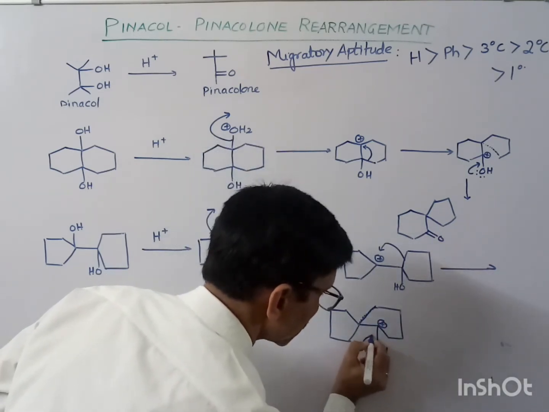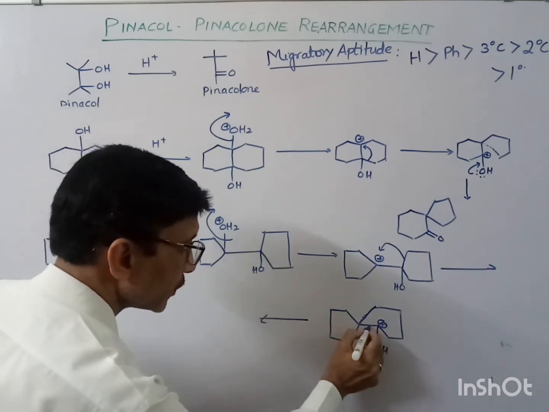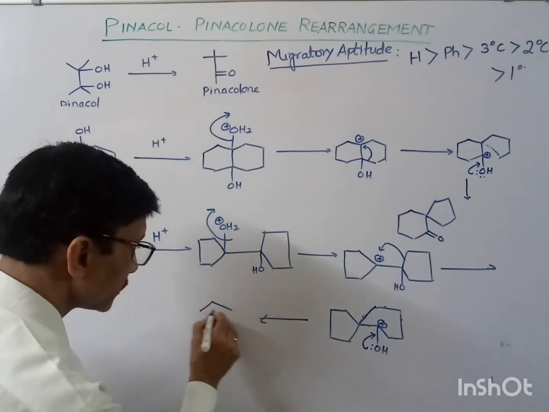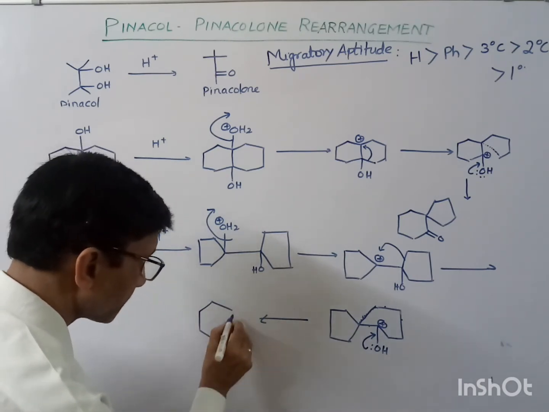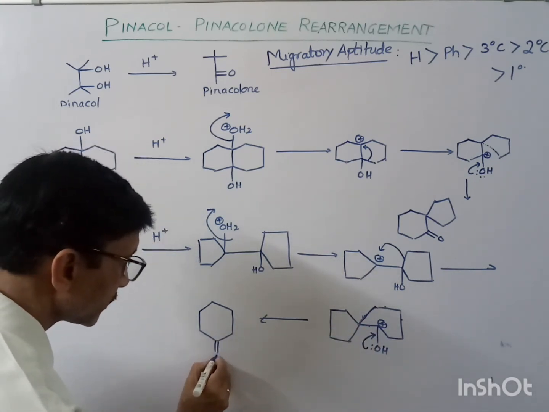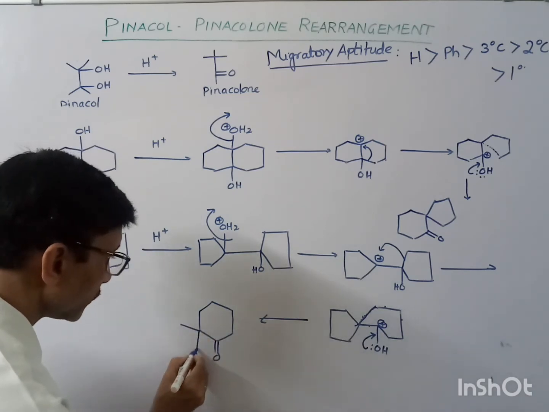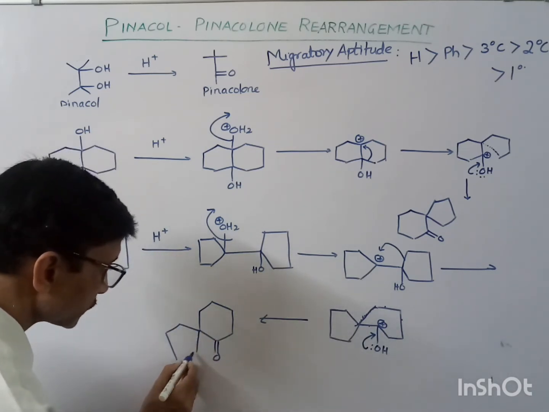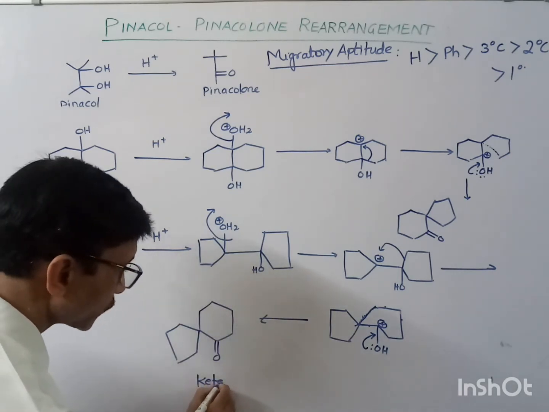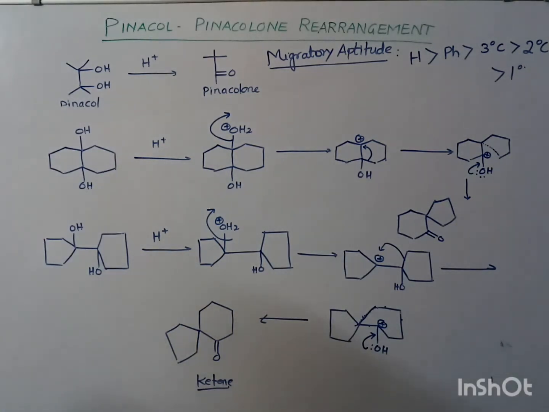So this positive charge is neutralized, and the product formed is a 1, 2, 3, 4, 5, 6 membered ring. This is a 6 membered ring, and to this carbon atom is attached one 5 membered ring. So this is the ketone which is formed like this. So this is the Pinacol-Pinacolone rearrangement.